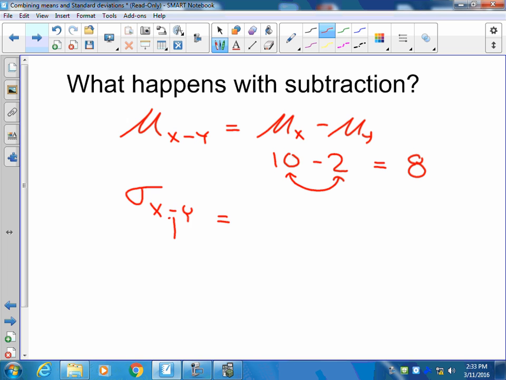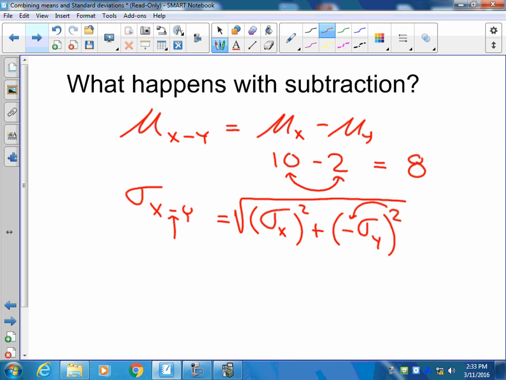So what we have to do is we have to look at this negative as a scale factor. So when we're looking at the scale factor, we are going to take the standard deviation of x, square it. We're going to take the negative standard deviation of y and square it. Okay, think about the benefit of that square on the minus. This turns it into a positive situation, and then we square root from there.